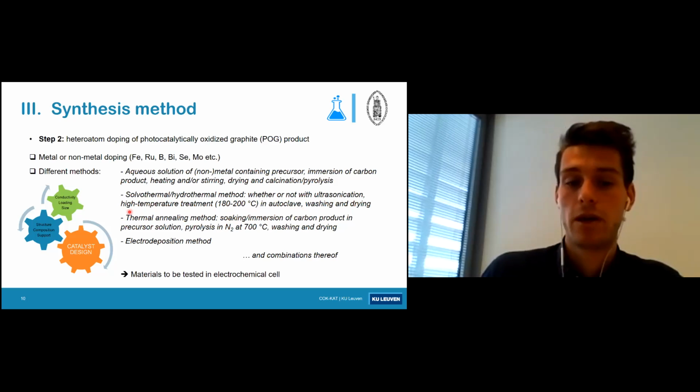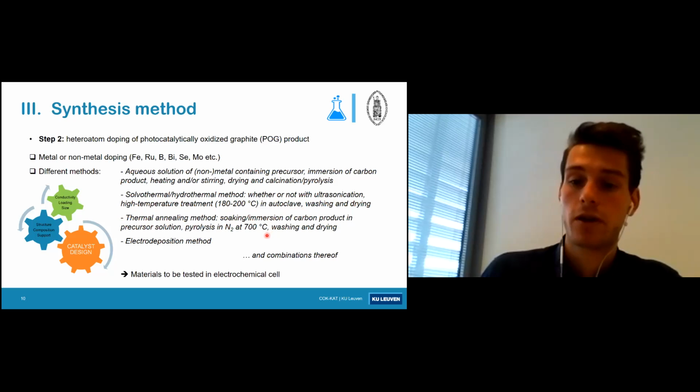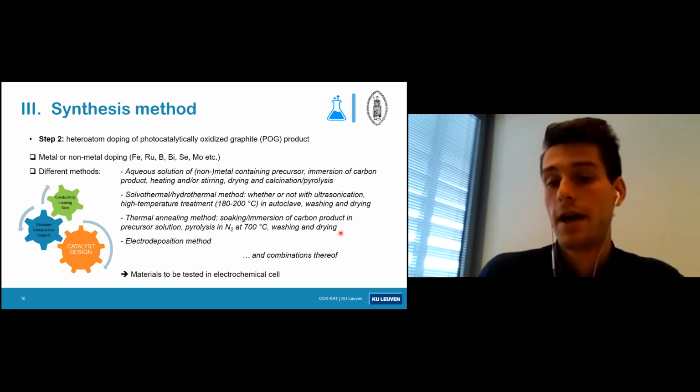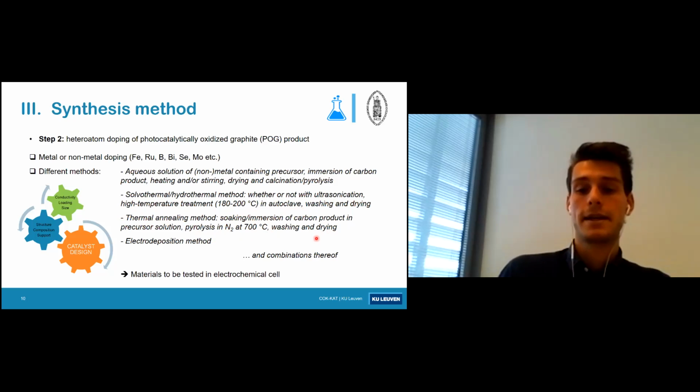Also an effective method is the thermal annealing method, which contains soaking or immersion of our carbon product in a precursor solution, and also a pyrolysis step at very high temperature, but in an inert atmosphere. That can also be argon, for example. This is also followed by washing and drying.